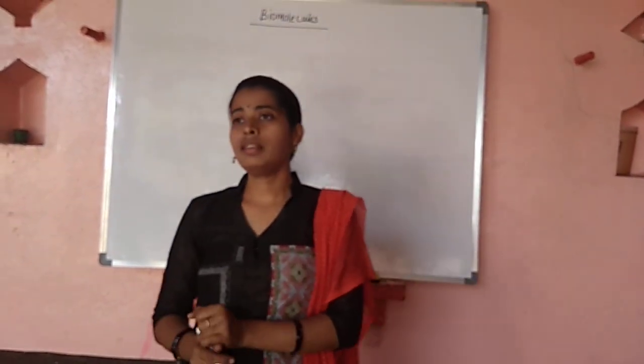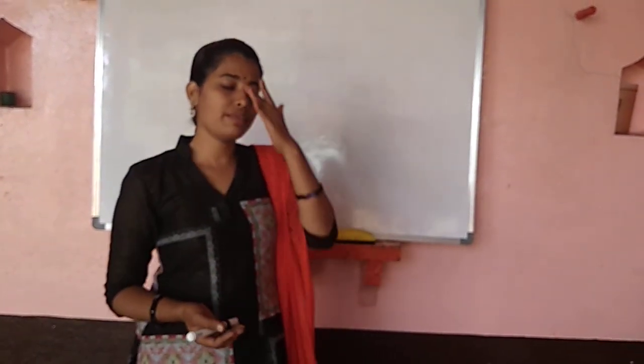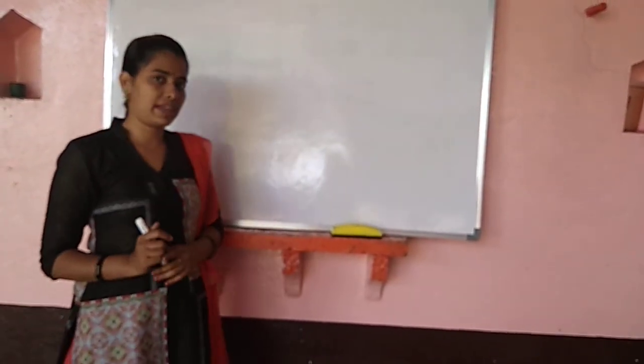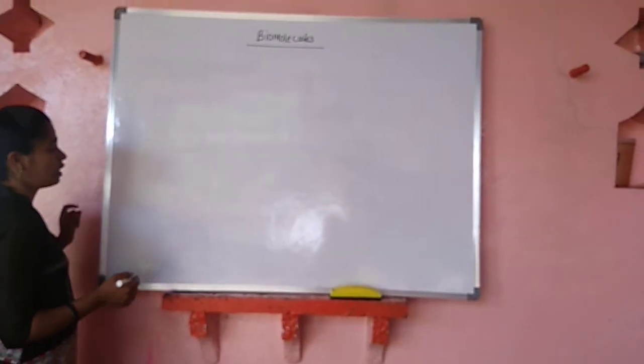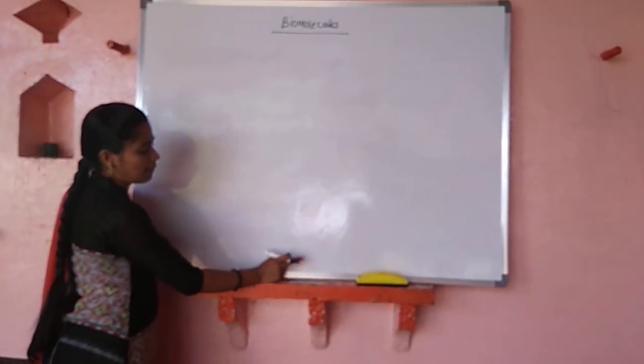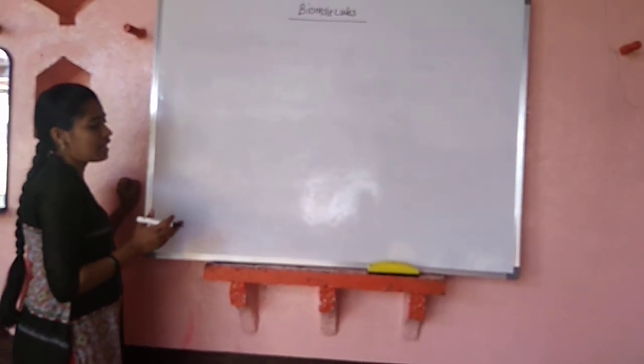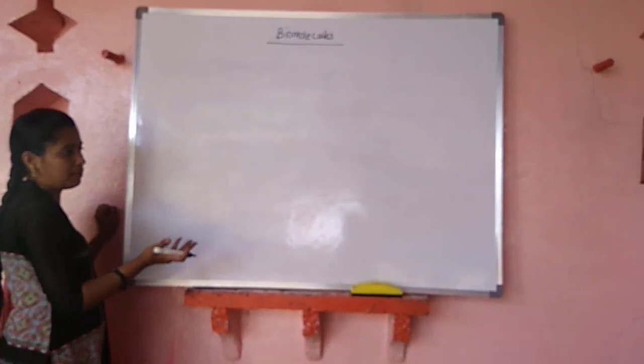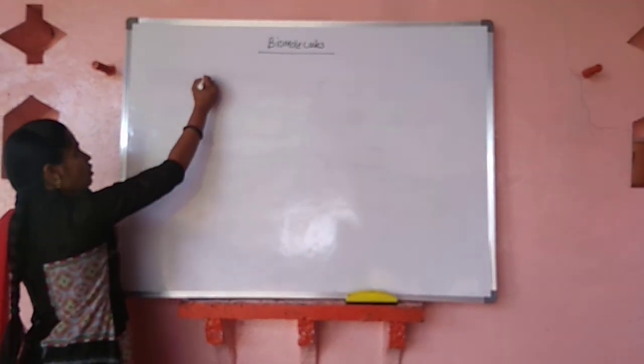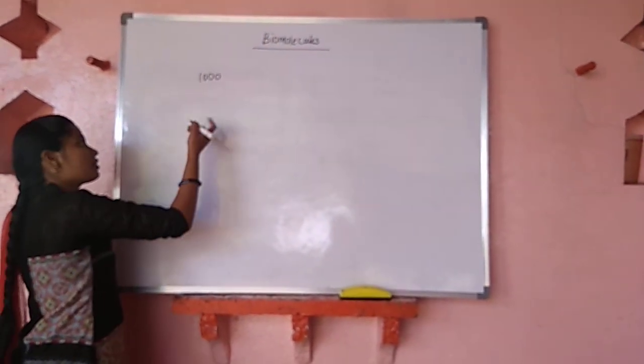So let us start with protein. What is protein? Protein is a complex nitrogenous compound, and it is a polymer of amino acids. Now it will form the peptide bond. Two amino acids combine to form a peptide bond.